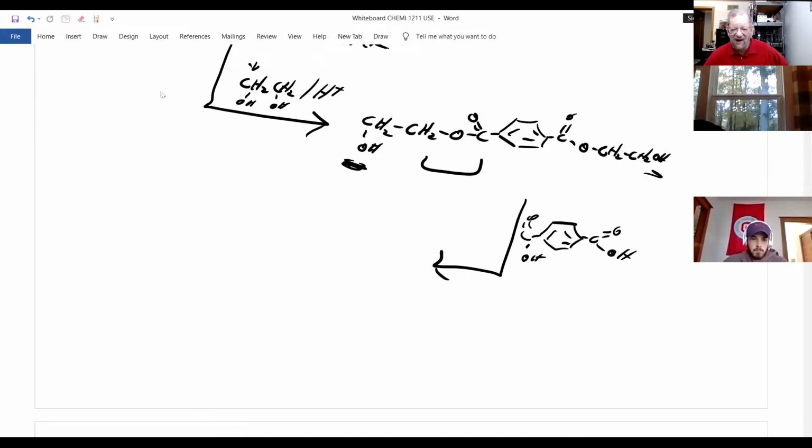And here I have an alcohol, here I have a carboxylic acid, and I can react it in the presence of acid catalyst. Again, you don't have to copy this down.